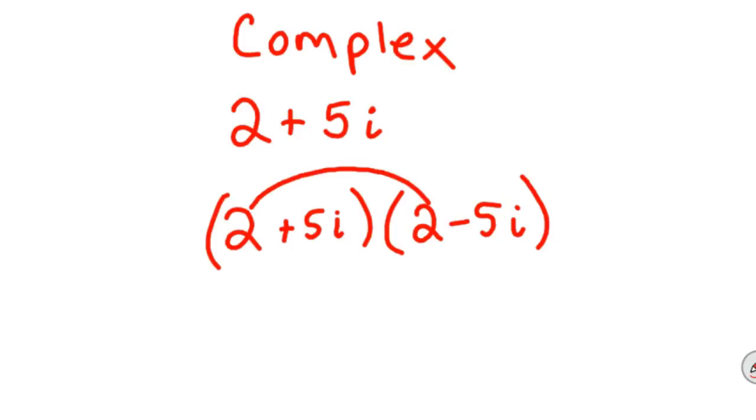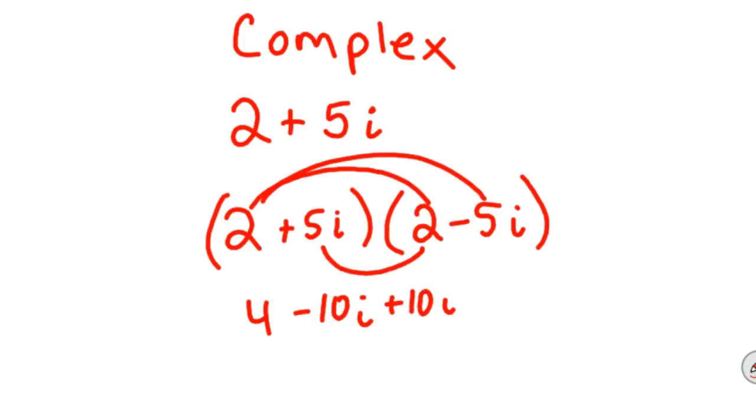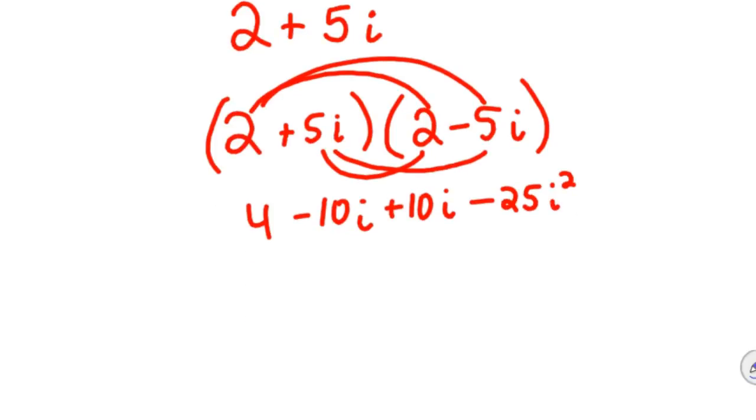Again, 2 times 2 is 4. 2 times negative 5i is negative 10i. 5i plus 2i is positive 10i. And 5i times negative 5i is negative 25i squared. Well, the 10i's cancel out. So you're left with 4.